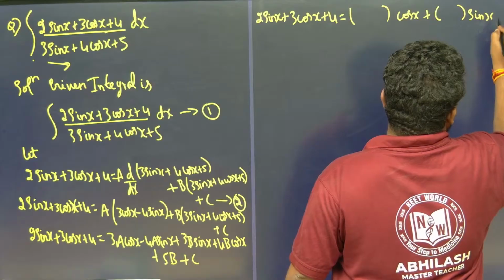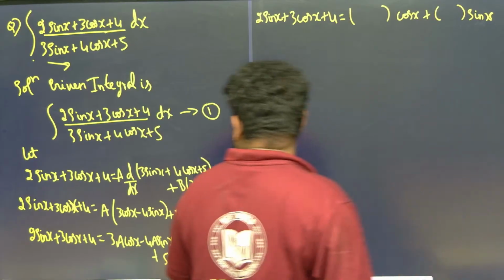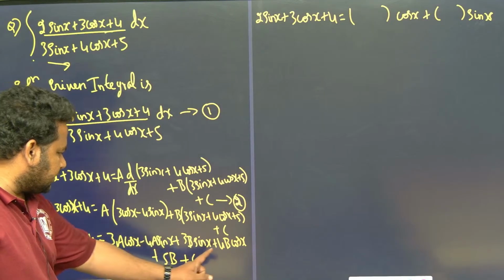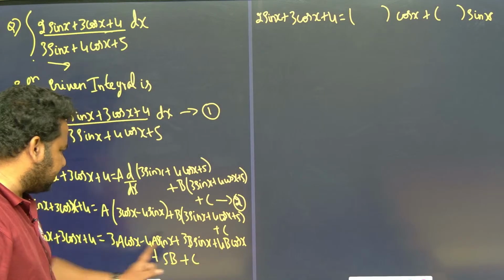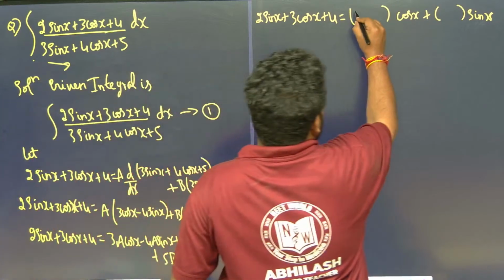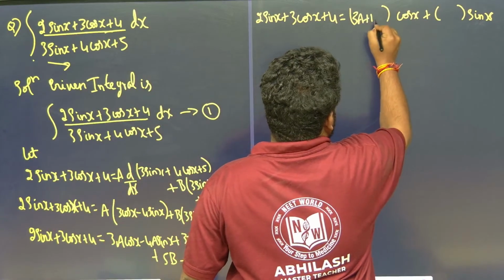The coefficient of cos x has 3a and plus 4b, so cos x has 3a plus 4b.